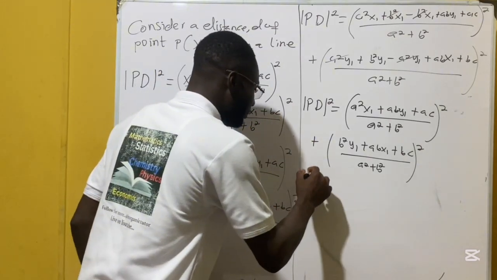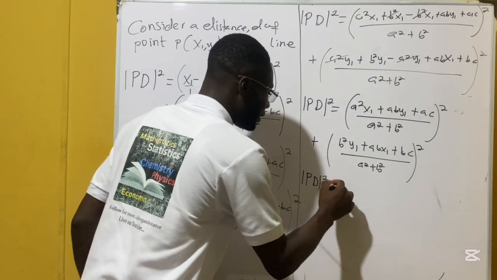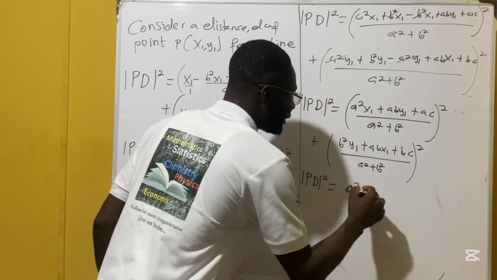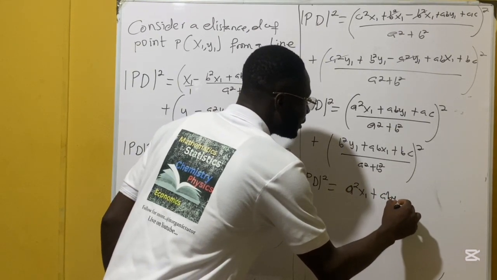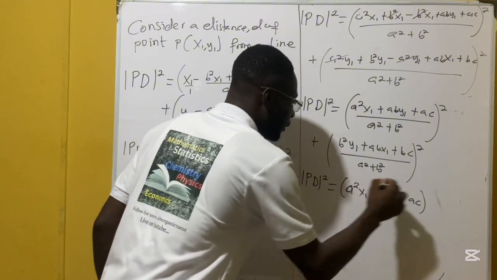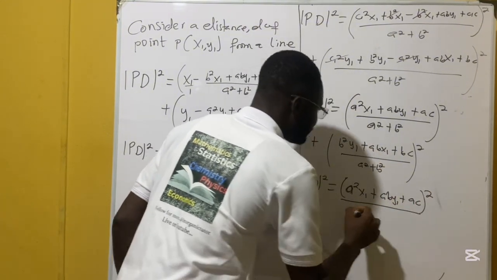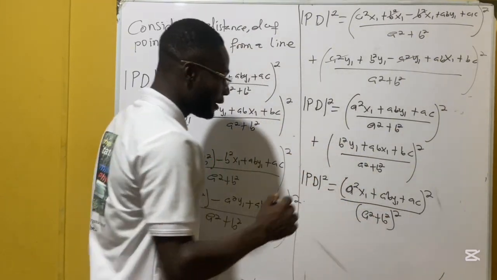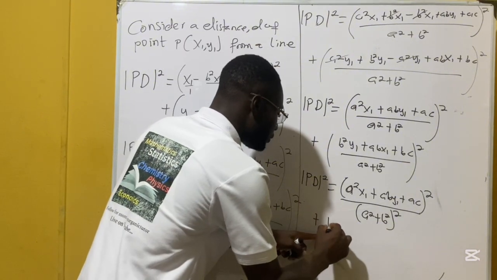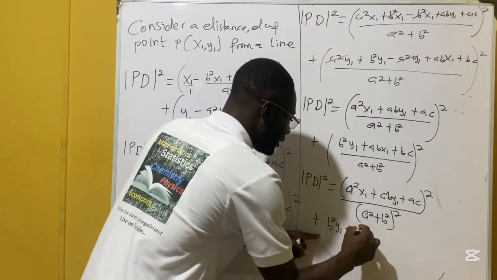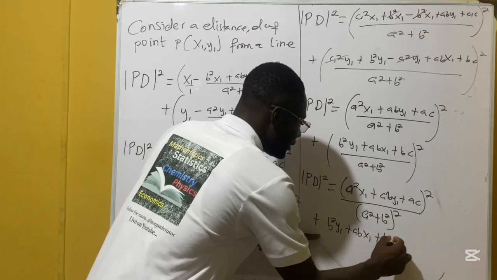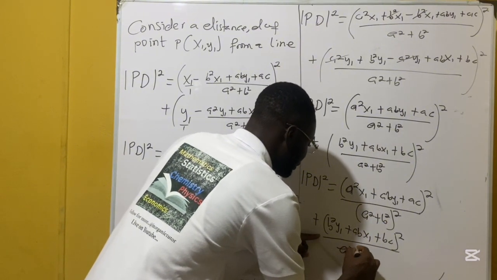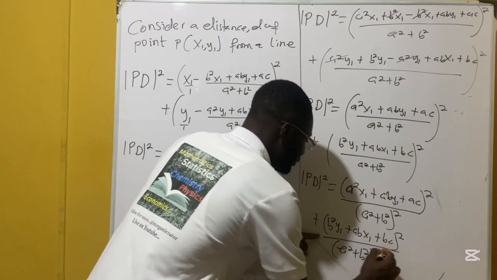So we have distance PD all squared equal to A squared x1 plus AB y1 plus AC, all squared, all over A squared plus B squared, all squared, plus B squared y1 plus AB x1 plus BC, all squared, and that is all over A squared plus B squared, all squared, right?